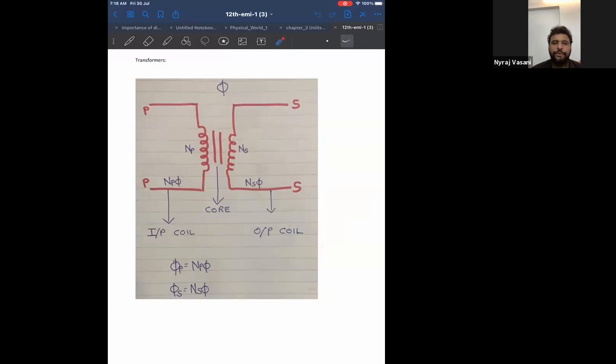So the output voltage will either be greater or lesser than your input voltage. If the output voltage is higher than the input voltage, we call that transformer a step-up transformer.